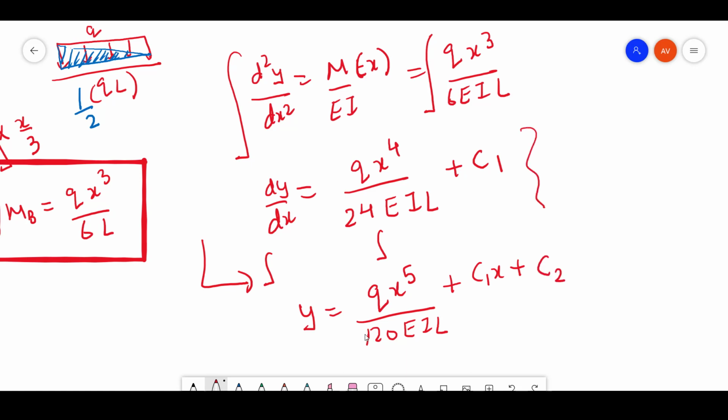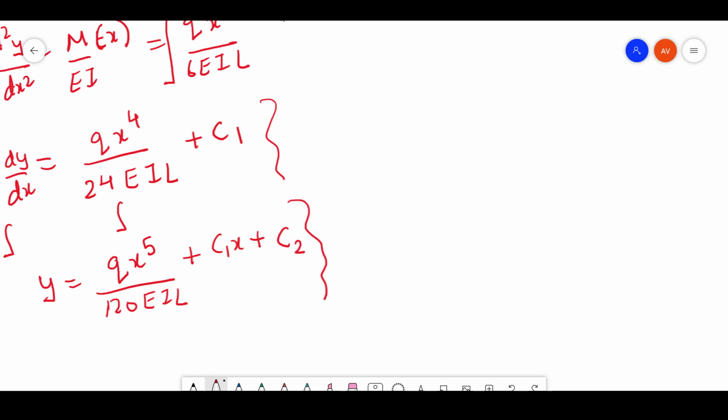Now let's use boundary conditions on these two equations. What are the boundary conditions? You have your cantilever beam, and when it deforms under this uniformly varying load, it will have some curvature like this.